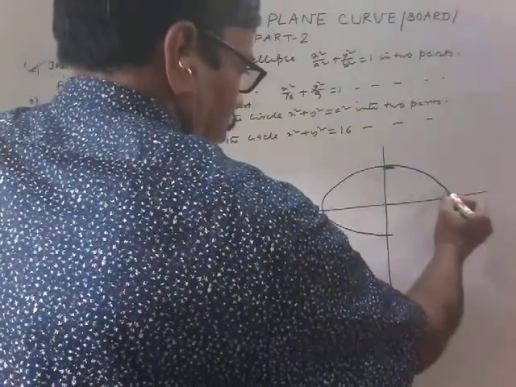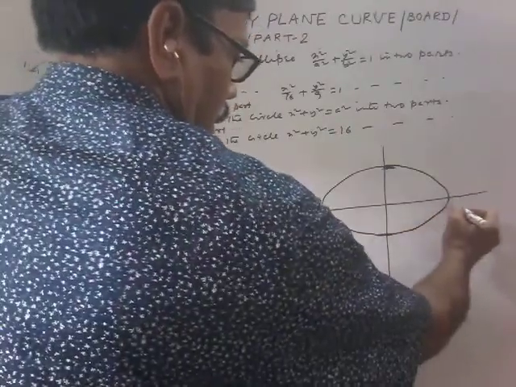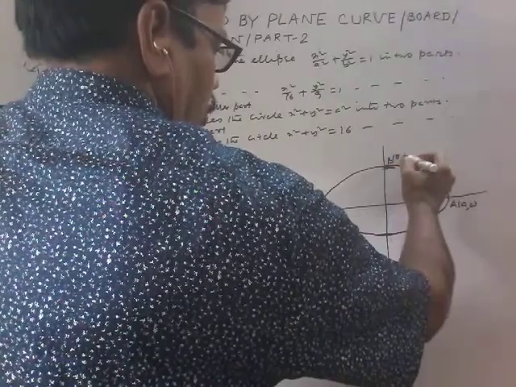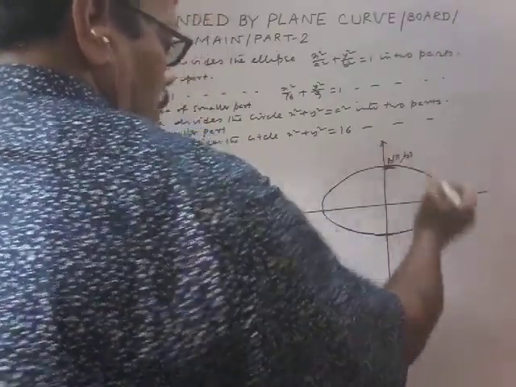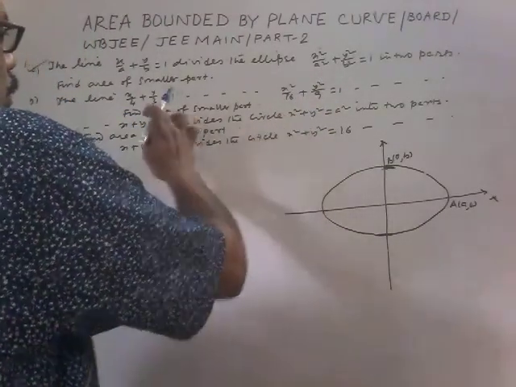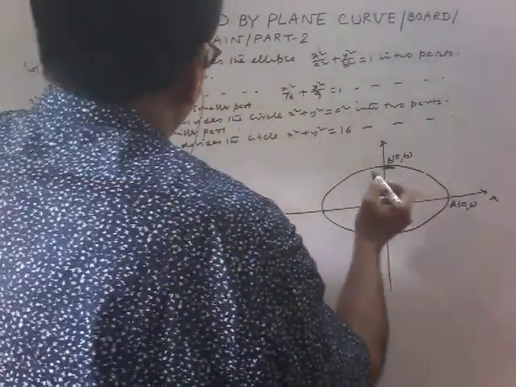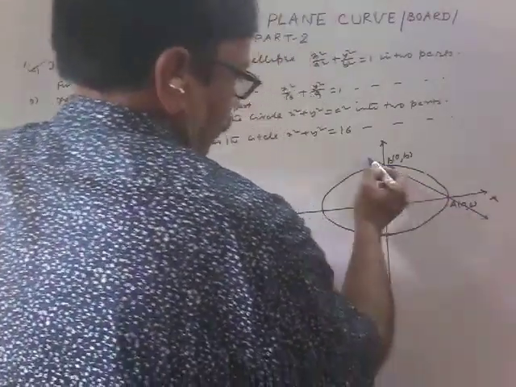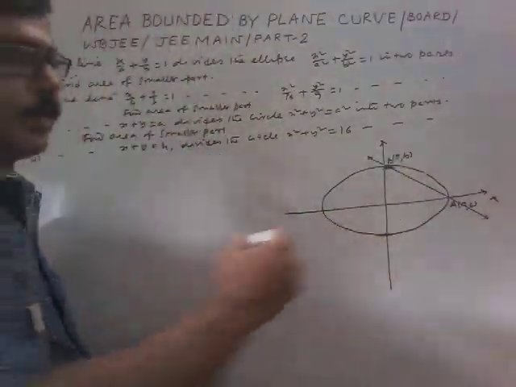This one is the ellipse, this is A0, this is 0B. Now the line in intercept form, x by a plus y by b equals 1. So this is the line in intercept form.